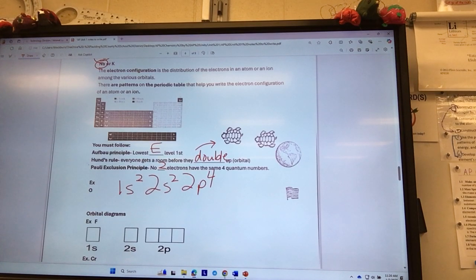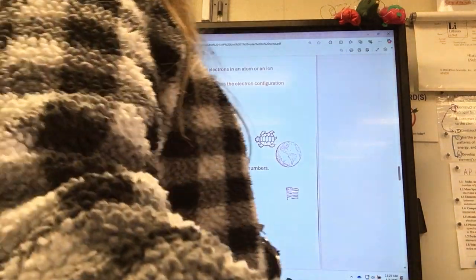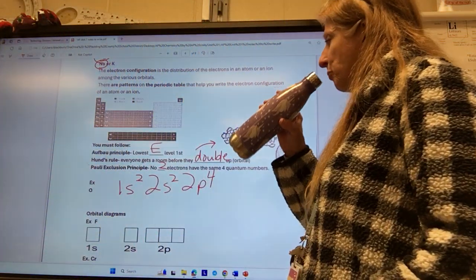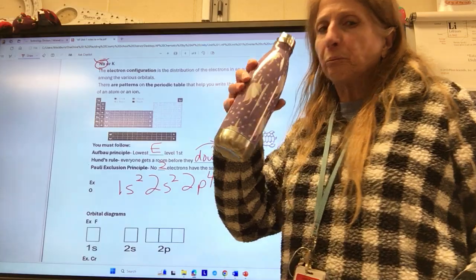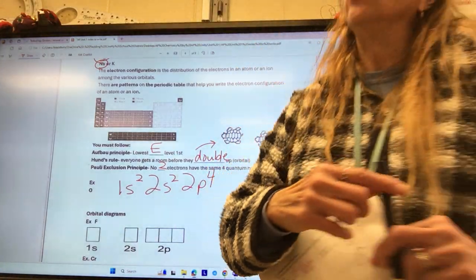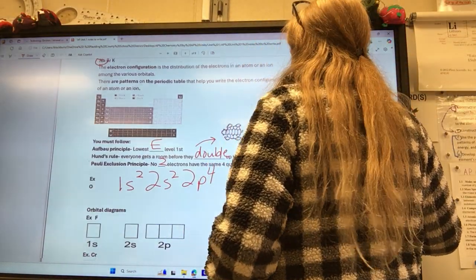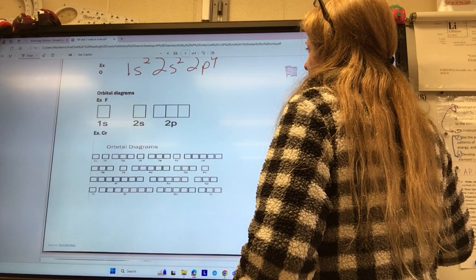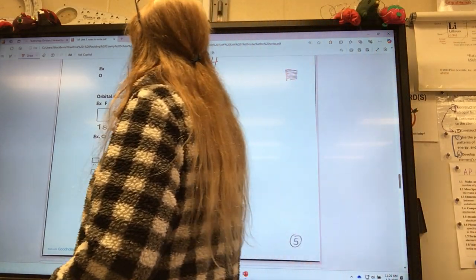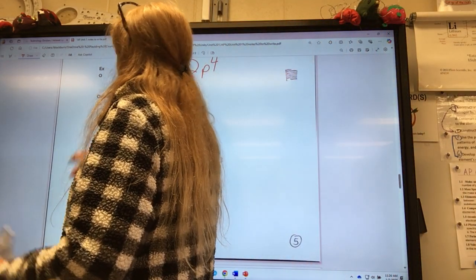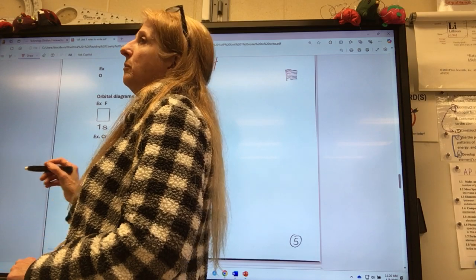Okay, sometimes you have to do orbital diagrams where you draw arrows to represent the electrons. In an orbital, you go up before you go back and go down. So we're going to do oxygen. Oh, this was supposed to be fluorine. I did oxygen in the other class. Okay, so let's do fluorine.